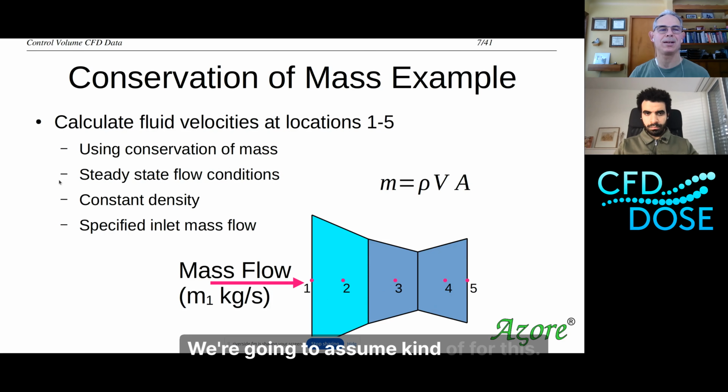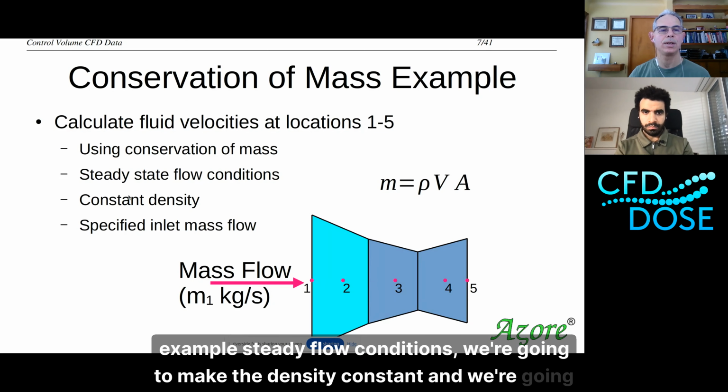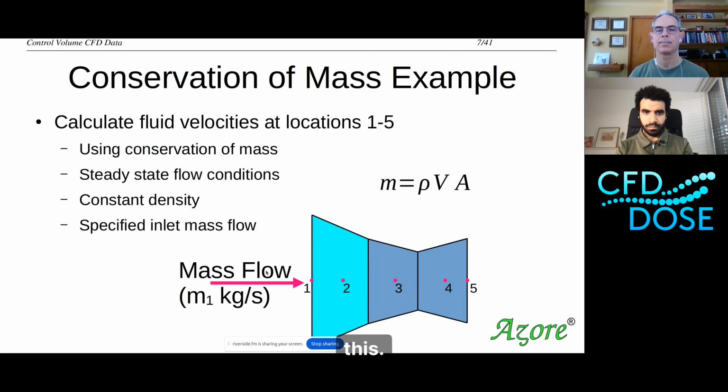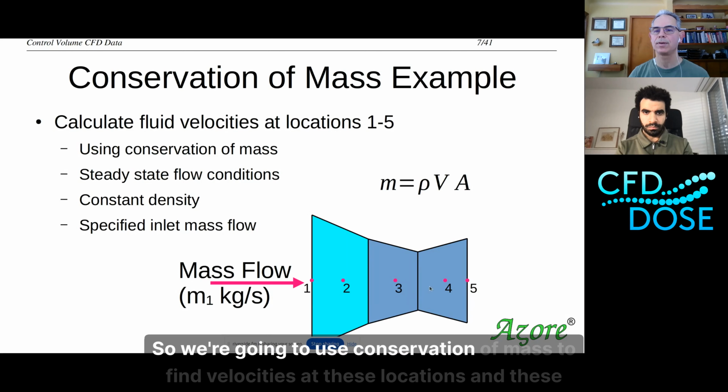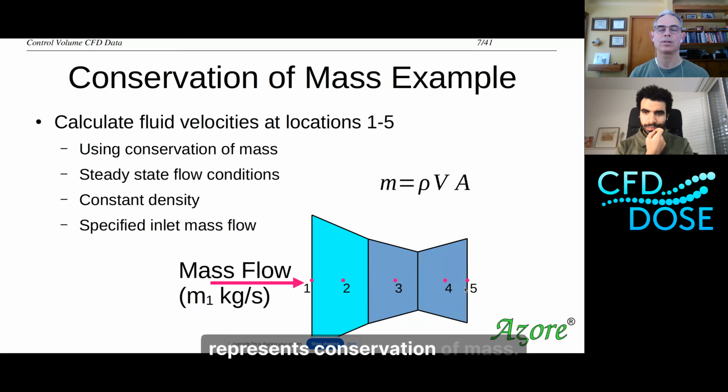We're going to assume for this example steady flow conditions, we're going to make the density constant, and we're going to say our known value is a specified mass flow rate right here on the left-hand side. So we're going to use conservation of mass to find velocities at these locations, and these velocities are going to be a velocity profile that represents conservation of mass.